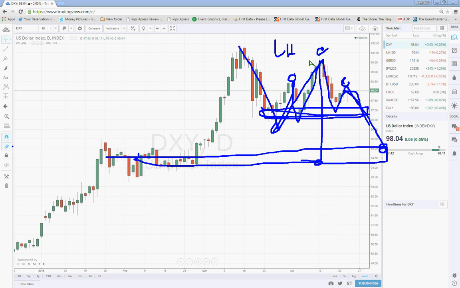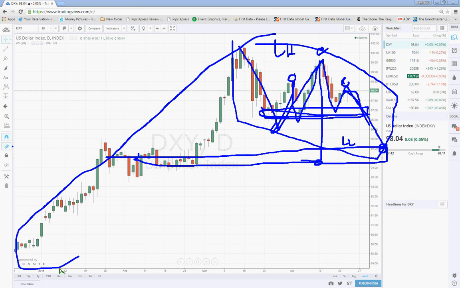You need a lower low in order to complete the whole total correction of this movement right here. So you have a slight uptrend, you're going to have a slight downtrend to create that lower low in order to complete the series.